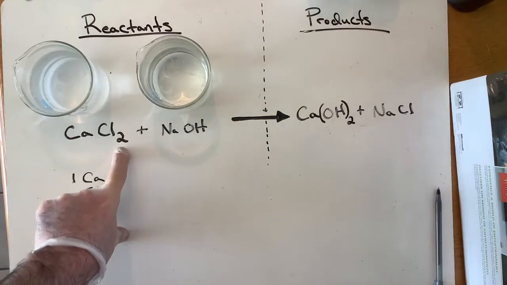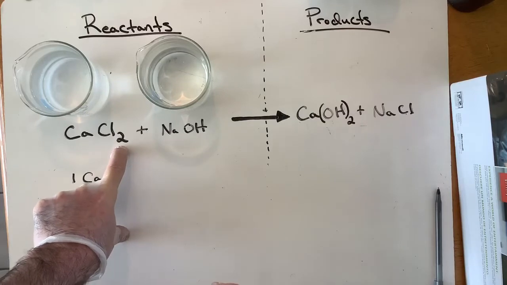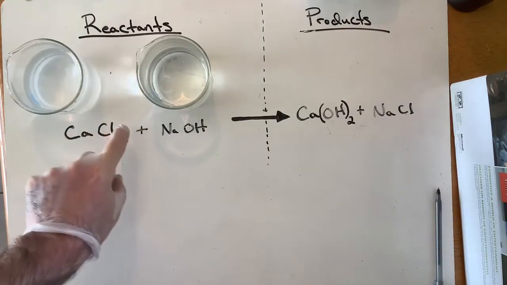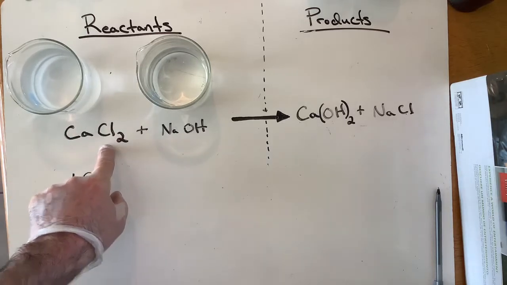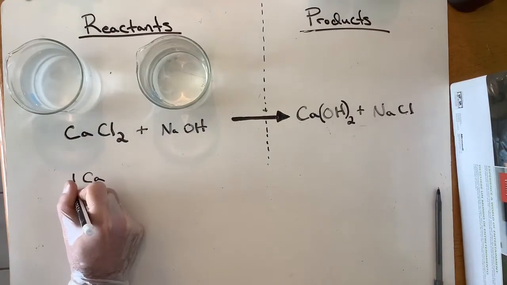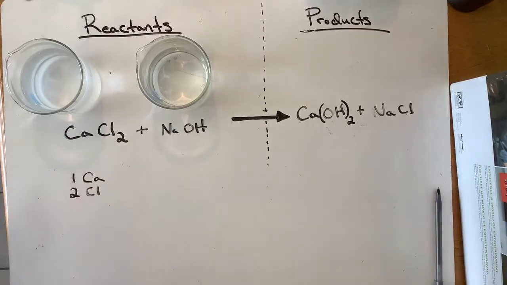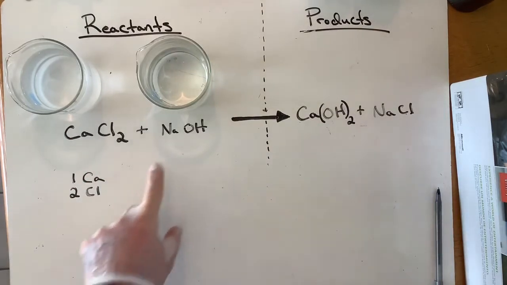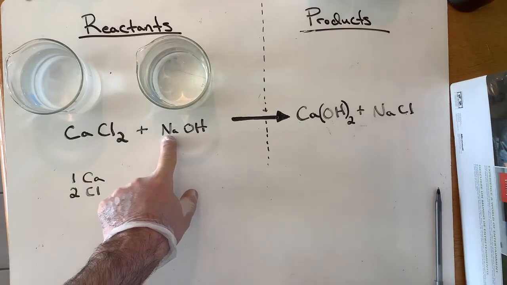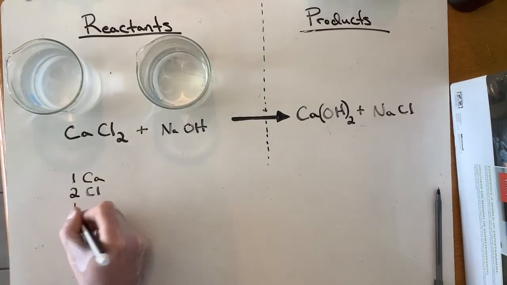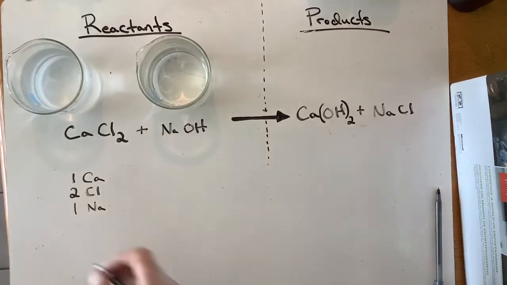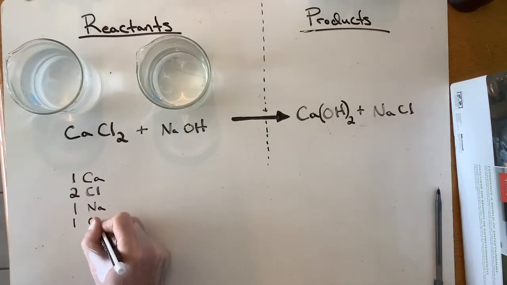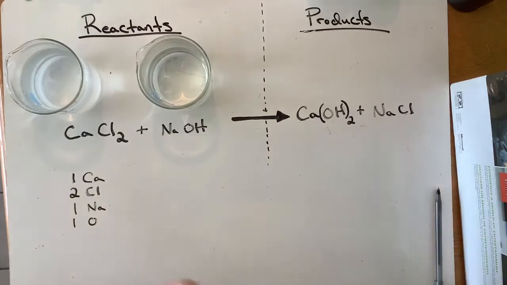I've got a subscript of 2, telling me that in this compound I've got 2 chlorine atoms. So in my reactants, I've got 1 calcium atom, 2 chlorine atoms, 1 sodium atom, 1 oxygen atom, and 1 hydrogen atom.